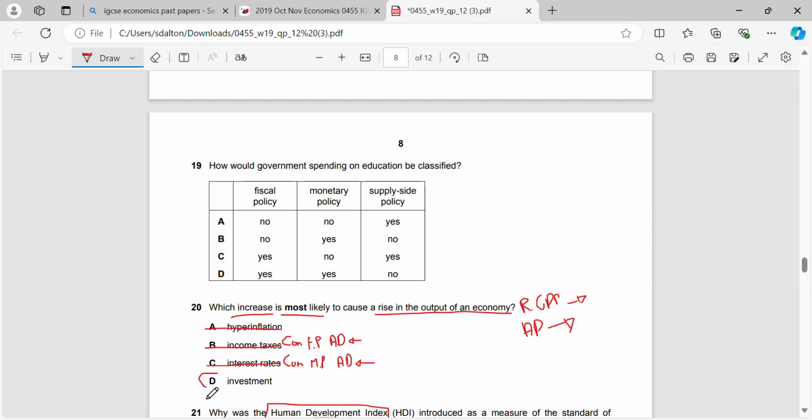Whereas if we increase investment, that is likely to move AD to the right, because remember that investment is a component of AD. So our AD is made up of, if we need to clarify again, consumer expenditure, investment, government spending, plus exports minus imports, which we refer to as our net exports.